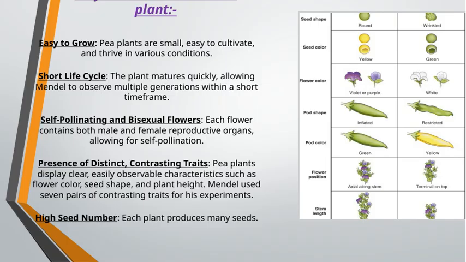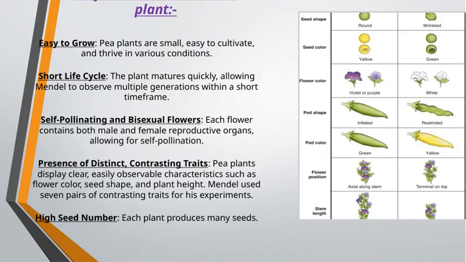This trait is crucial because it gives Mendel control over the breeding process, ensuring that he could select specific traits to study. Additionally, pea plants show clear, contrasting traits, things like flower color, seed shape, and plant height. These characteristics are easy to observe and categorize, which is vital for analyzing inheritance patterns.